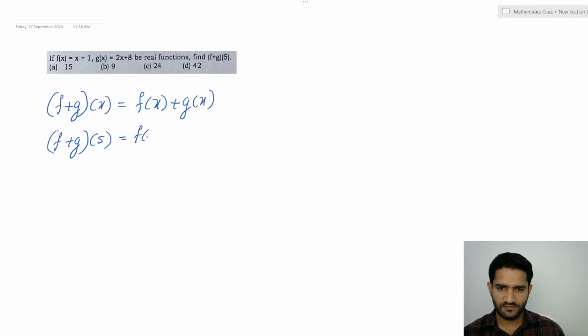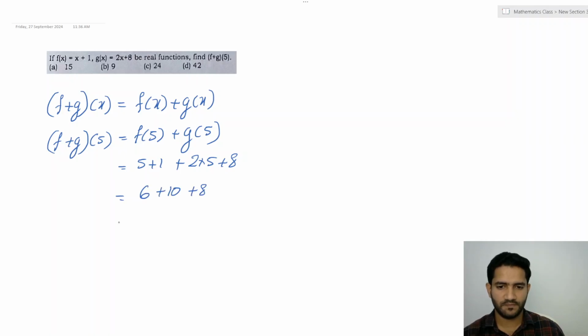So f of 5 plus g of 5. Clearly f of x is equal to x plus 1, so f of 5 is 5 plus 1. g of 5 is 2 into 5 plus 8. So this is 6 plus 10 plus 8, so 24.